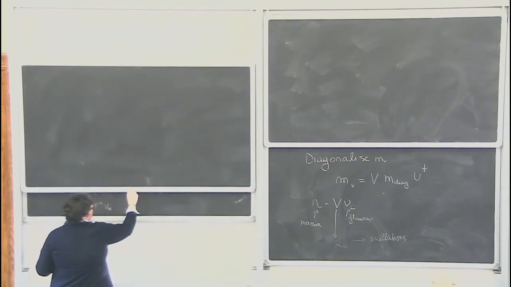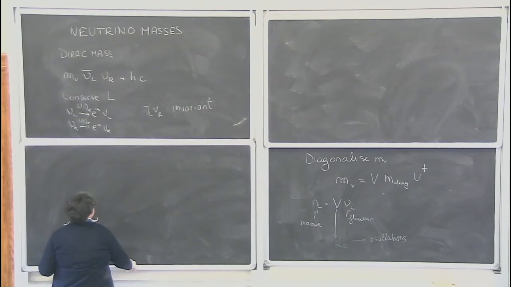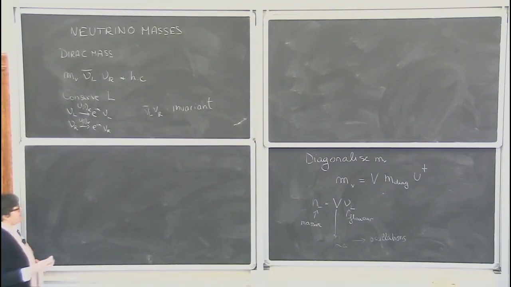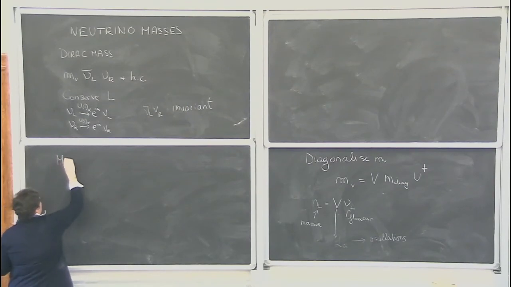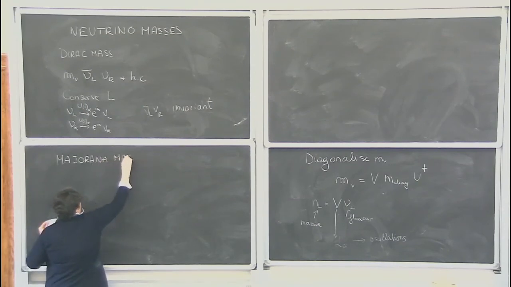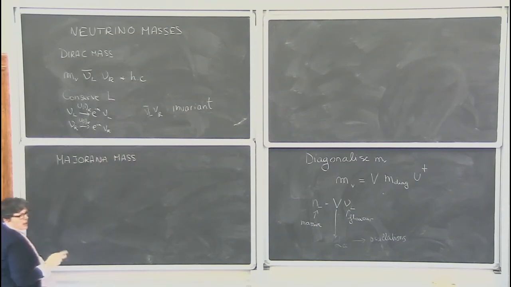Now, we can have a different type of mass for neutrinos, which is a Majorana mass term. And this is specific to neutrinos because they are the only neutral fermions in the standard model. For this, you don't need two different Weyl fermions, just need one.